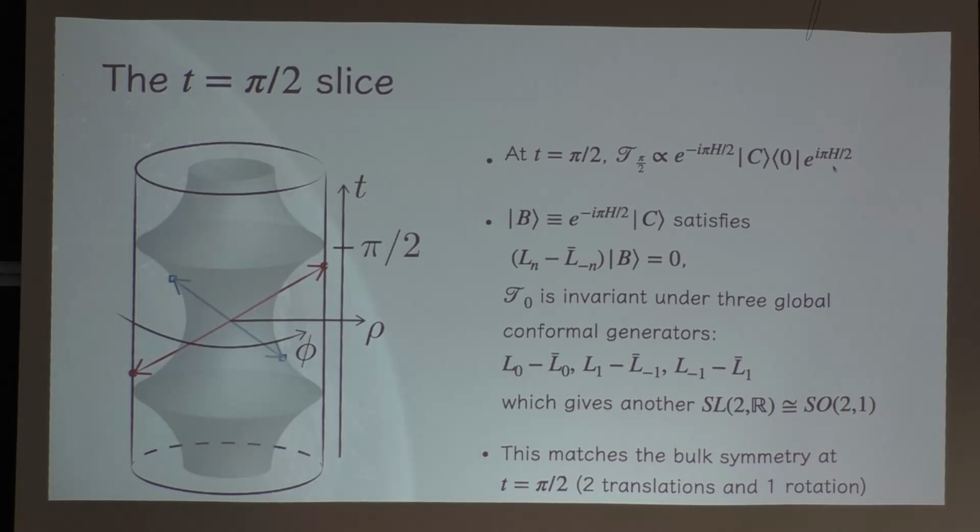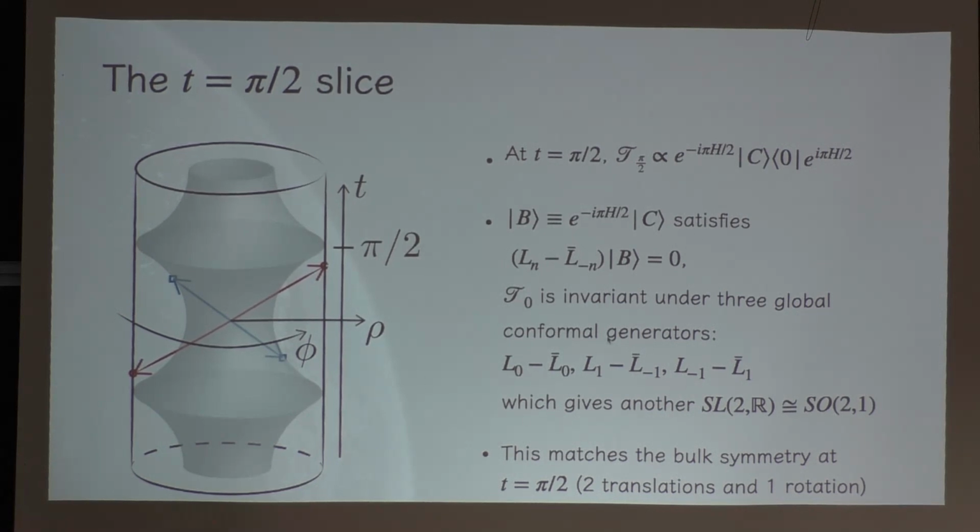You can explicitly check from the Virasoro algebra that this time evolved crosscap state satisfies another set of constraints. Again, the ground state is not changed under the time evolution, so the whole combination satisfies these three symmetries.